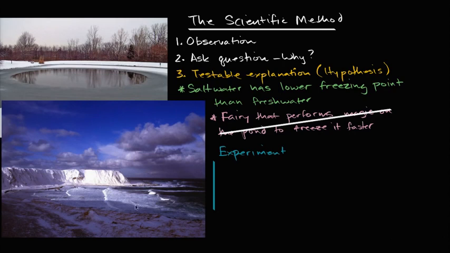The ocean has waves. Maybe there are boats going by that might potentially break up the ice. So I just want to isolate that one variable that I care about, whether something is salt water or not. And I want to control for everything else. So I want to control for whether there's waves or not, or whether there's wind, or any other possible explanation for why the pond freezes over faster. So what I do in a very controlled environment, I take 2 cups.